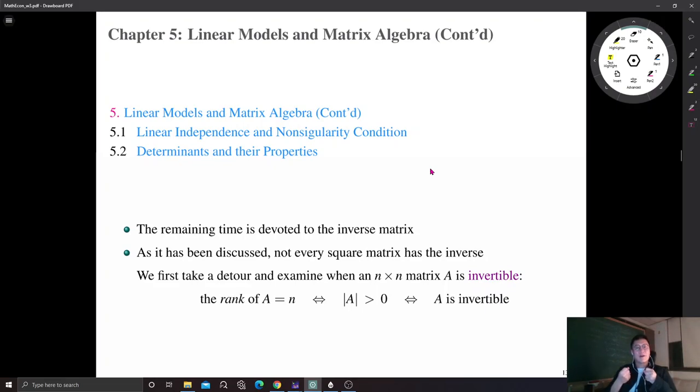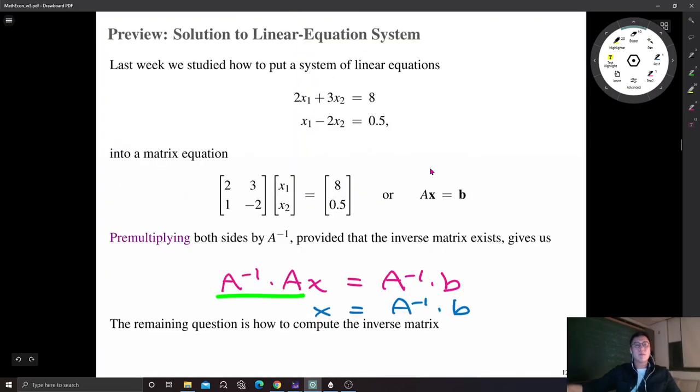In the previous video, we studied the inverse matrix, and remember, by the third property of the inverse matrix, if such a matrix exists, it is uniquely determined.